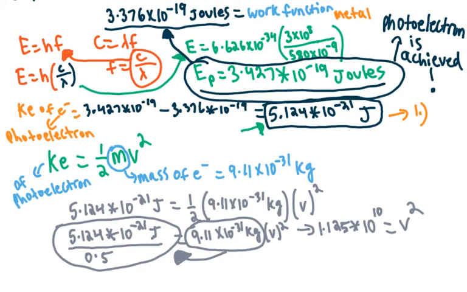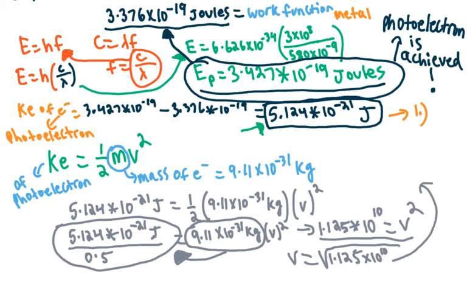Now we end up with this right here, and all we have to do is square root both sides. So V, the velocity of that photoelectron, equals the square root of 1.125 times 10 to the 10th. Let's write the answer up right here.